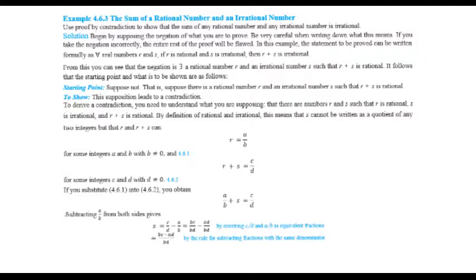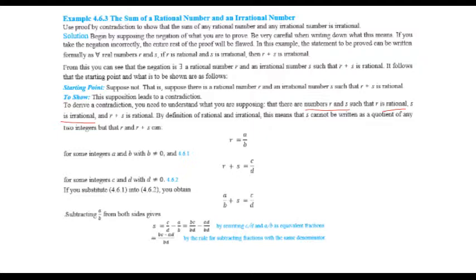Okay, so let's assume that the rational number that we are talking about is called R and the irrational number is S.